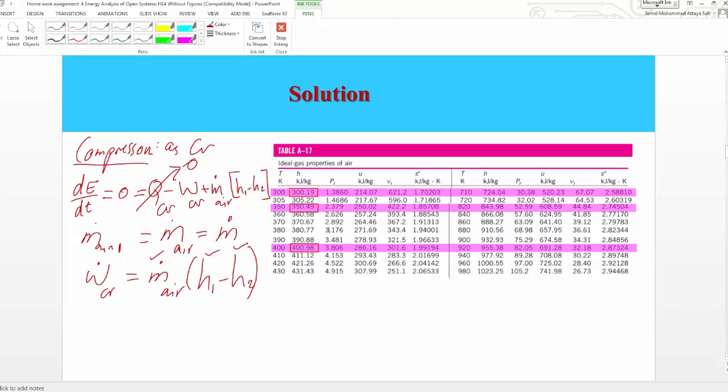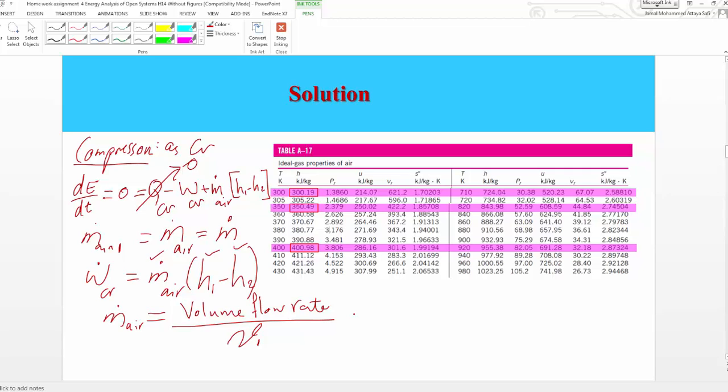The mass flow rate of the air is equal to the volume flow rate, I will write it down, divided by the specific volume at 1.